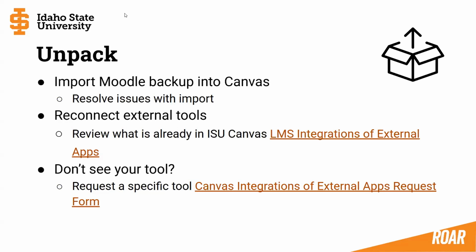Whatever you've made in Moodle doesn't know to automatically give you permissions on the Canvas side. And if you have a tool that you need that you don't already see available to you, we have a form where you can request it, and then you'll get some information from the vendor, and then ISU will vet whether or not it's up to standards.